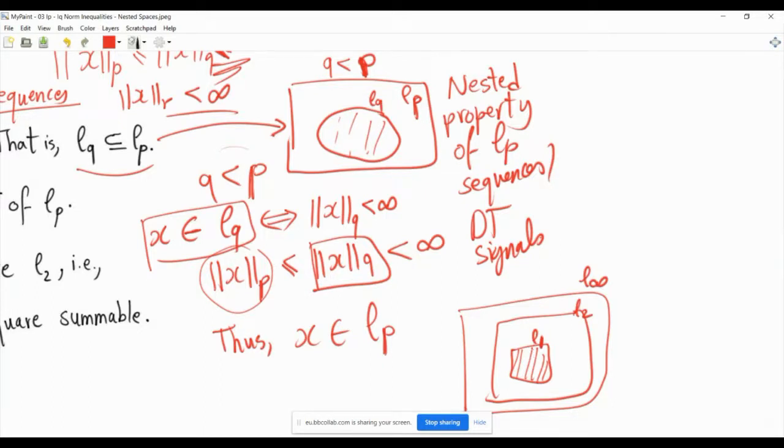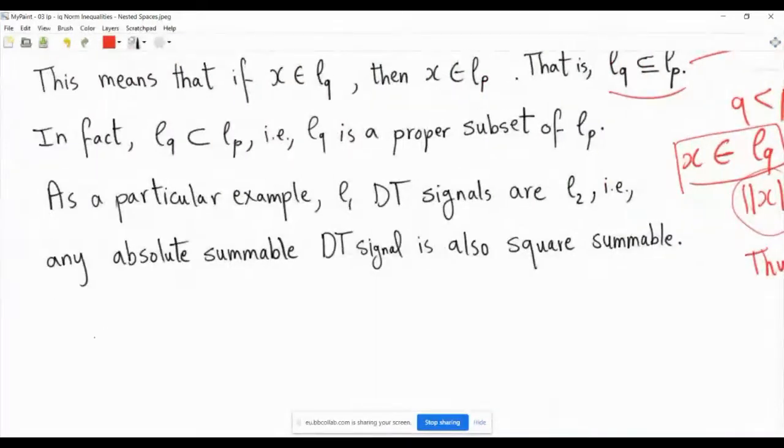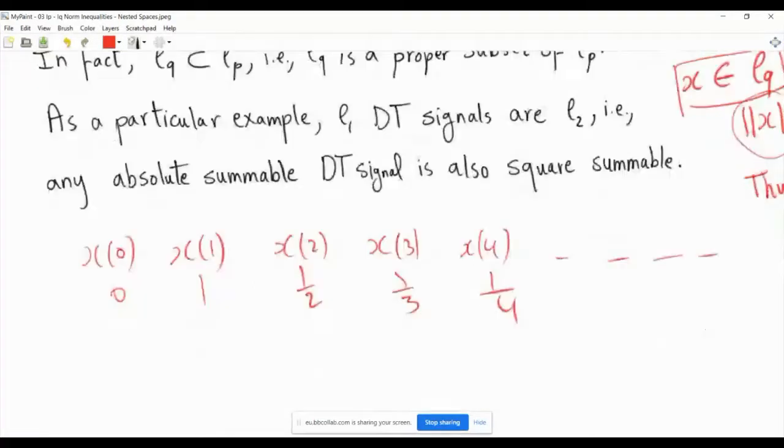Each absolute summable sequence is guaranteed to be square summable, but the opposite is not true. Just think about this sequence: x of 0 is 0, x of 1 is 1, x of 2 is 1/2, x of 3 is 1/3, x of 4 is 1/4, and so on.